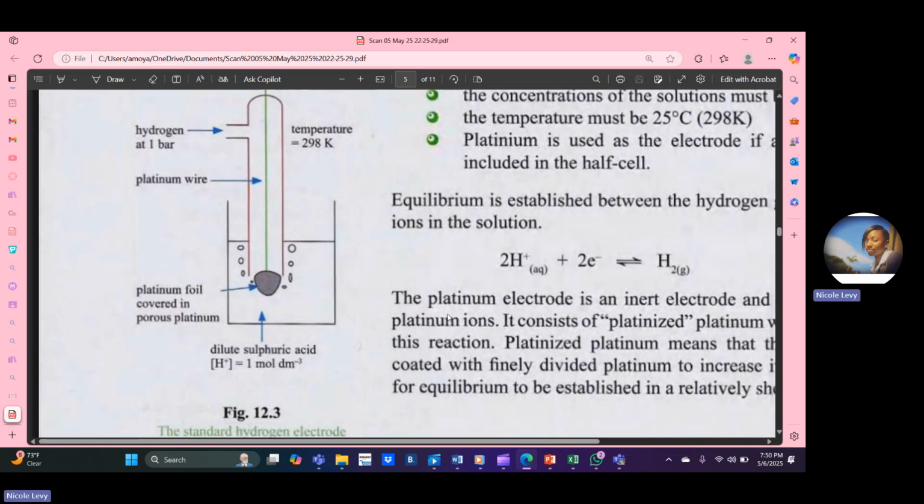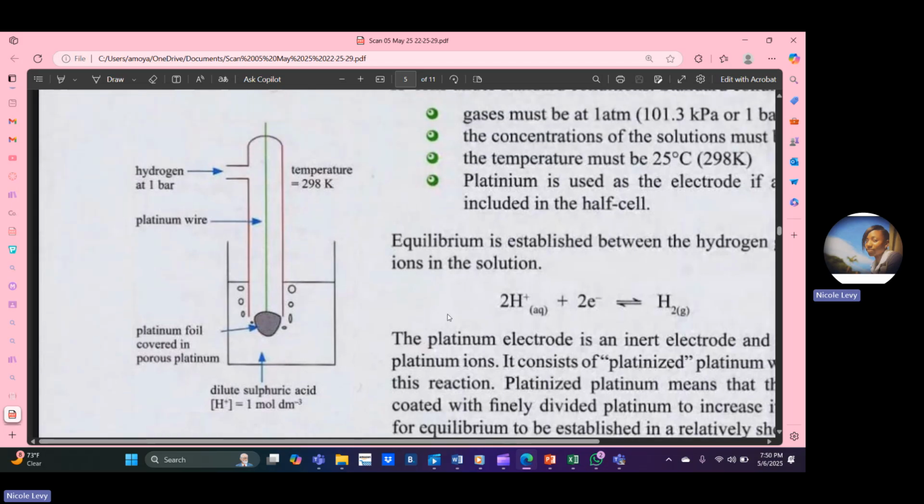So here they are showing you the standard hydrogen electrode. You have the platinum wire, hydrogen gas coming in. As the hydrogen gas passes over the platinum wire, it's converted to H+ ions and electrons, but the reaction lies to the left-hand side.